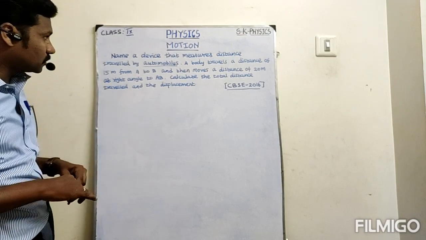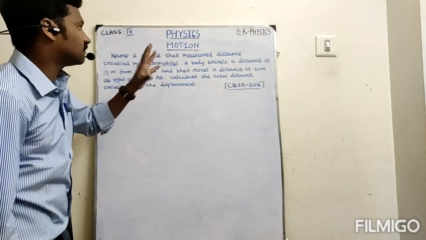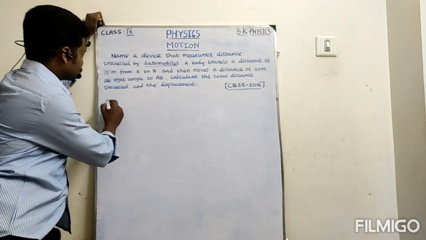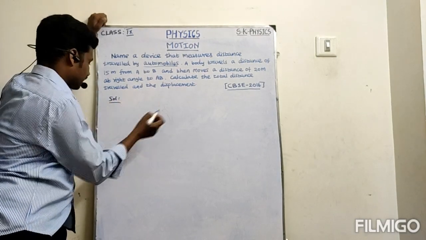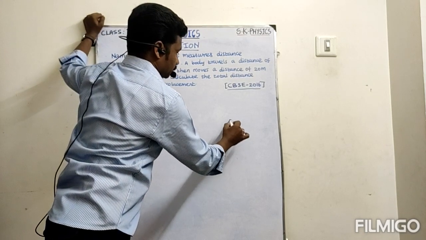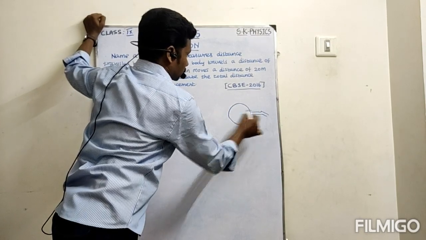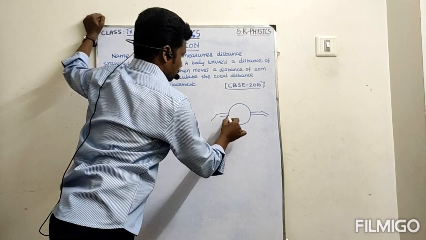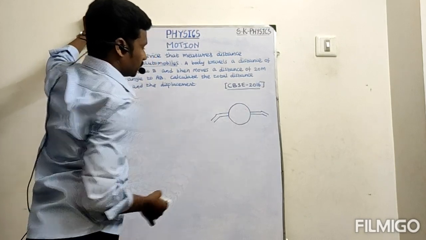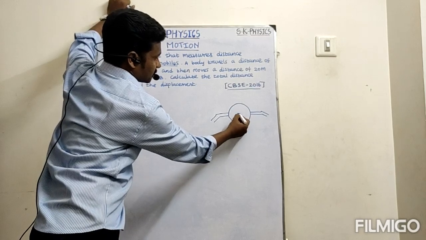So please listen. In this question, first they are asking the name of a device that measures the distance traveled by automobiles. So in the automobile, for example in the bike, if you observe the front view, there are some readings over there.